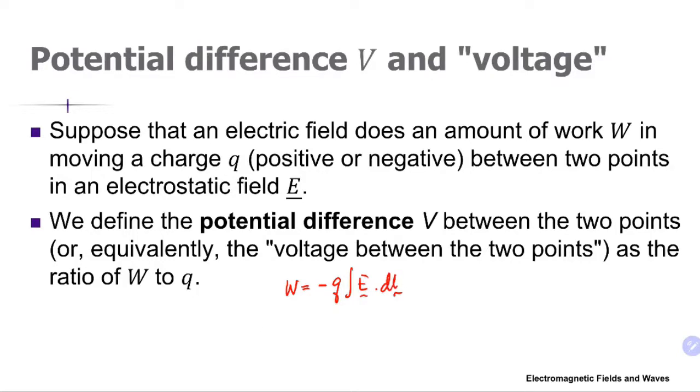And now we define that the potential difference V is equal to W divided by Q, and that will be equal to minus.